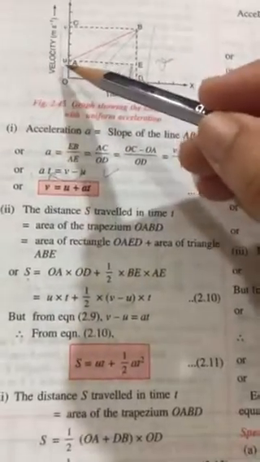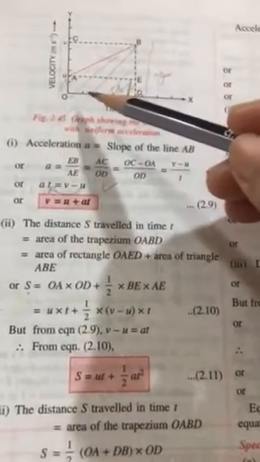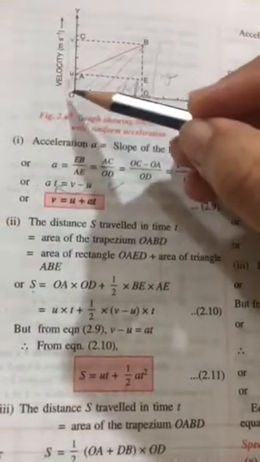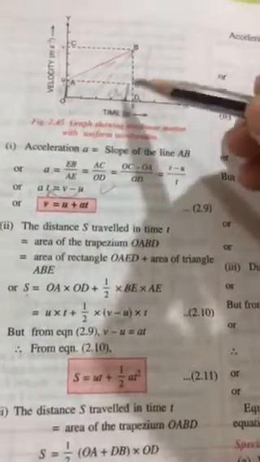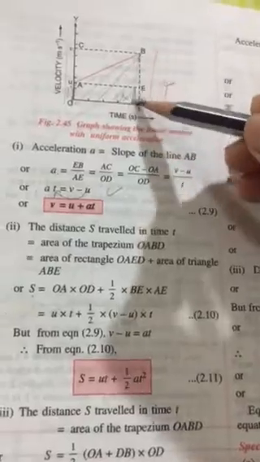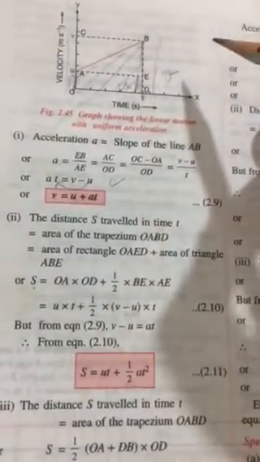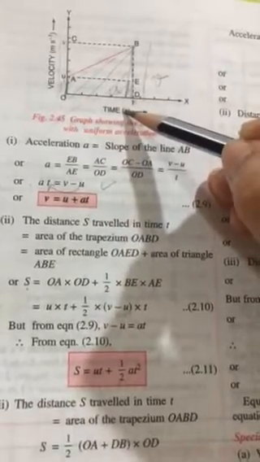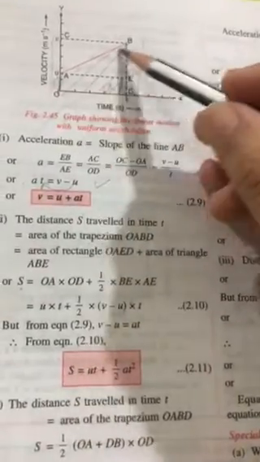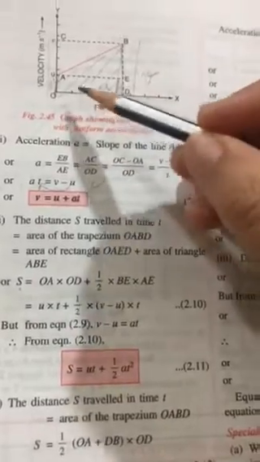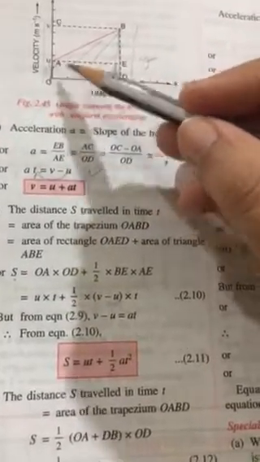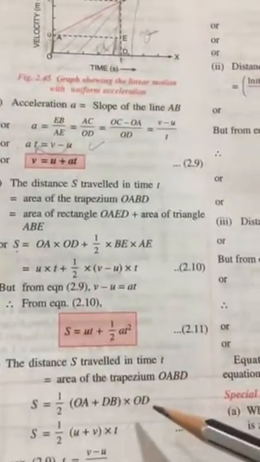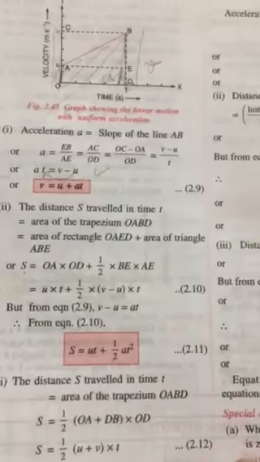The parallel sides of the trapezium are OA and BD, and this time interval is T. Hence the total area of the trapezium is half into OA plus BD into the distance between them, which is OD.